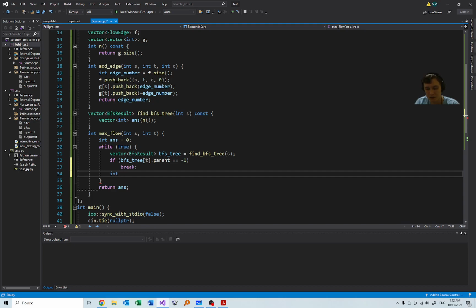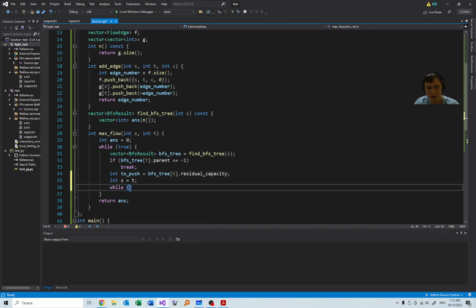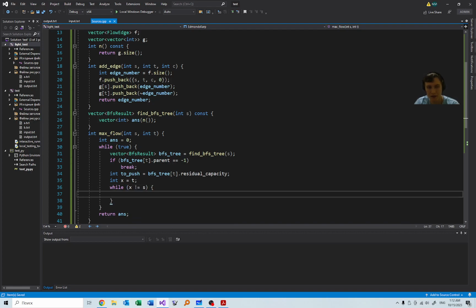int to push equals bfs3 t dot residual capacity, and x equals t, and while x is not s, we do the following.